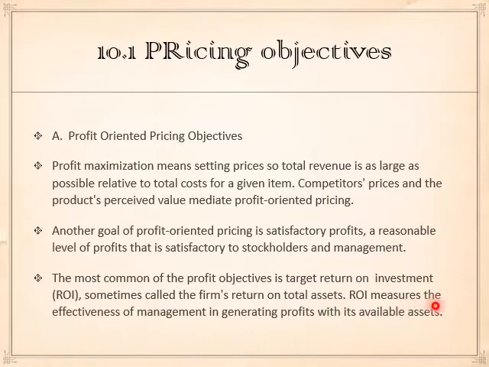So ROI measures the effectiveness of the management in generating profits with its available assets. So basically, in this profit-oriented pricing objective, it means that the company is trying to set the price as high as possible so that they will get more profit.